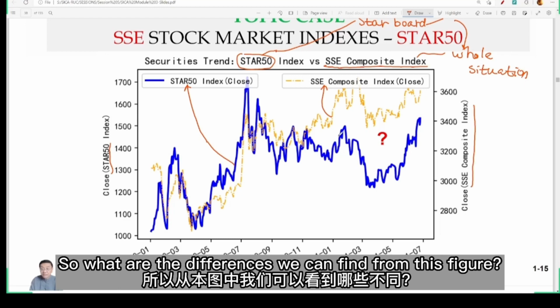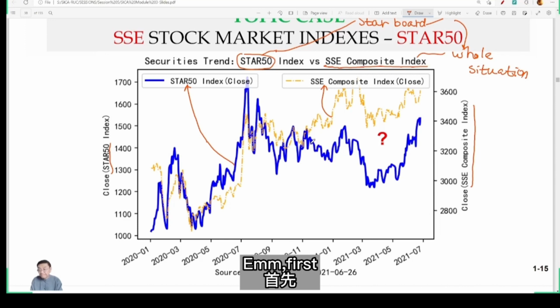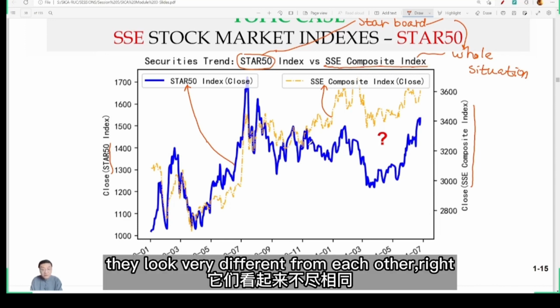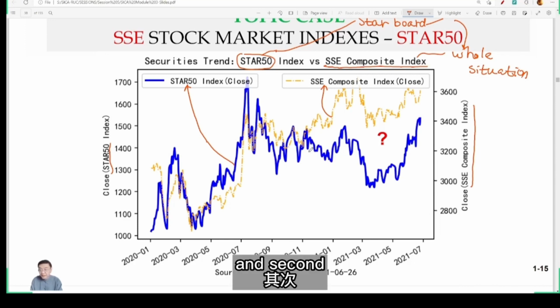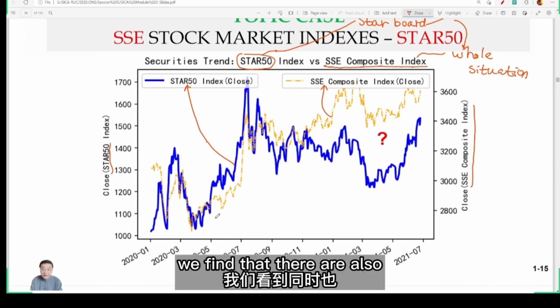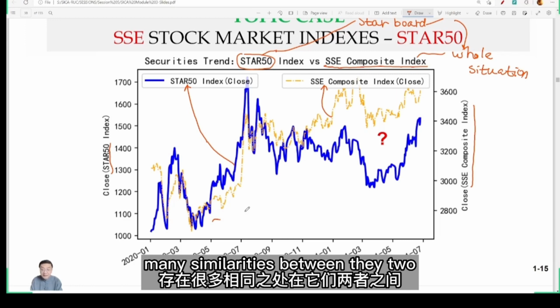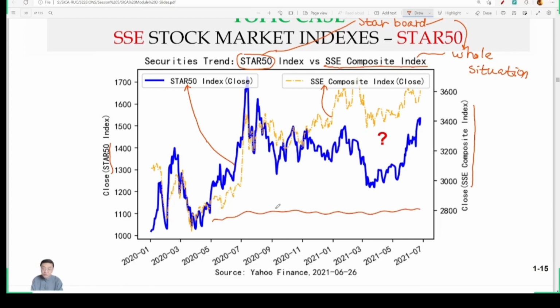So what are the differences we can find from this figure? First, they look very different from each other, right? And second, we find that there are also many similarities between the two.